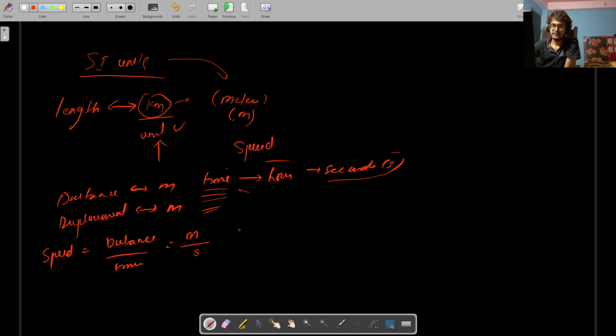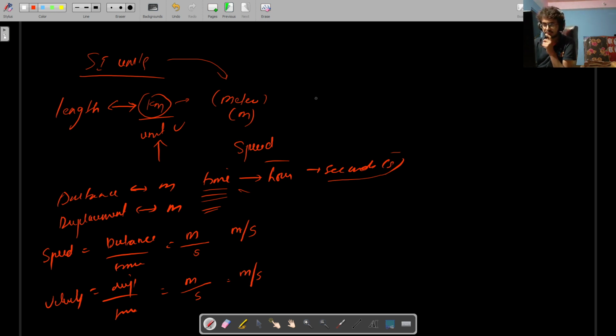So the SI unit of speed is meter per second, meter divided by second. Velocity is displacement over time. So what is the SI unit of displacement? Meter. Time? Seconds. So for velocity as well, the unit is meter per second.